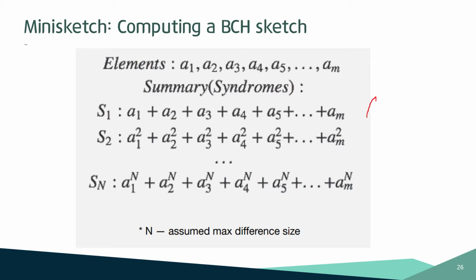For example, suppose A has numbers 1, 2, and 3, and B has numbers 1, 2, 3, and 4. Since there is only one difference, we need to find only one summation. Thus, this summation is 6 and this summation is 10.